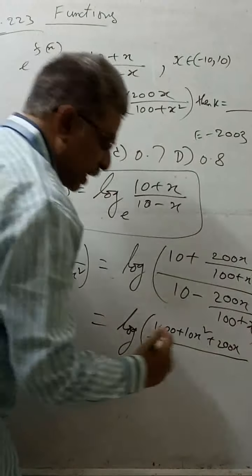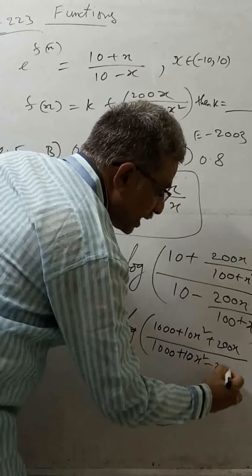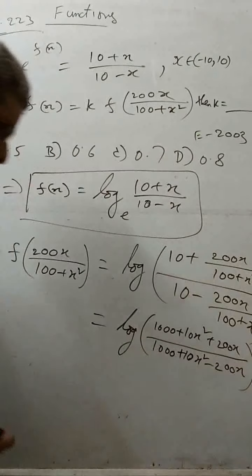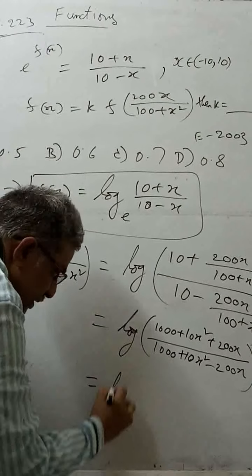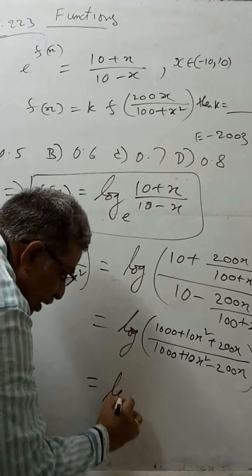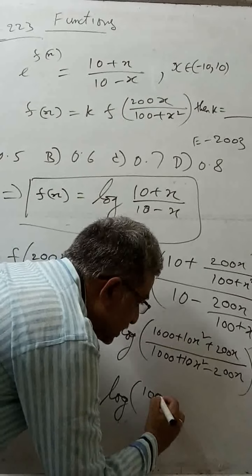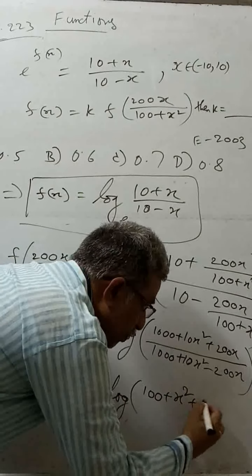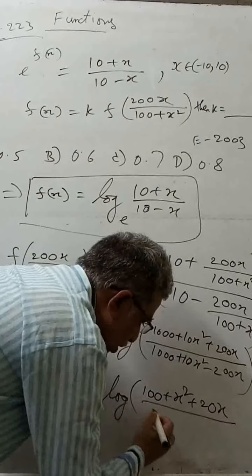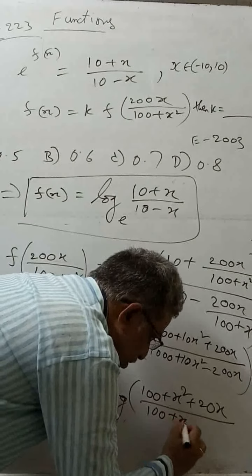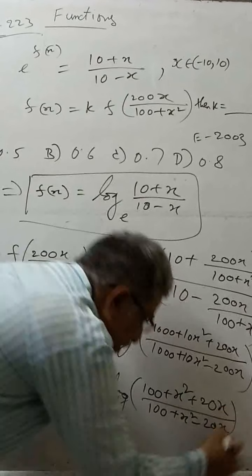So 1000 plus 10x square minus 200x. If I take 10 common from numerator and denominator and cancel, this becomes 100 plus x square plus 20x by 100 plus x square minus 20x.